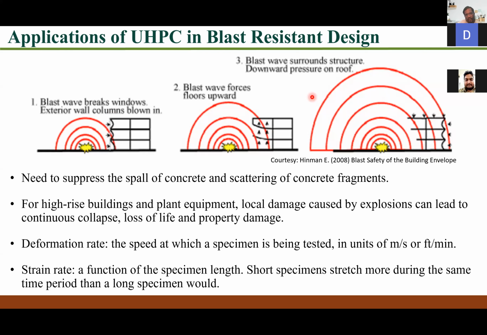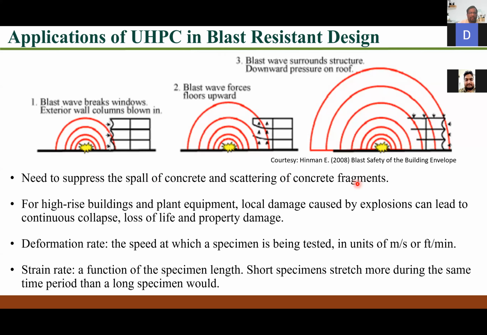So for a good blast resistant design, we need to suppress the concrete spalling. When it is subjected to that kind of shock wave, the concrete material under high strain rate can fall off. So we need to suppress this falling of the concrete and also the scattering of the concrete fragments. How do I do that? Basically by adding fibers. Addition of fibers will help to reduce the falling of the concrete and scattering of the concrete segments.